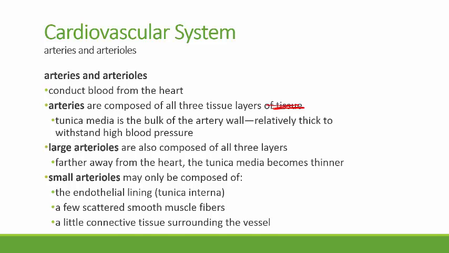The larger arterioles also have all three of these layers, but the further that the arteriole is from the heart, the thinner the tunica media becomes. So by the time we get to the very smallest of arterioles, there may only be just a thin endothelial lining, that little single layer of endothelial tissue, some scattered smooth muscle cells wrapping around the arteriole, and then just a little bit of a connective tissue sheath surrounding the vessel.